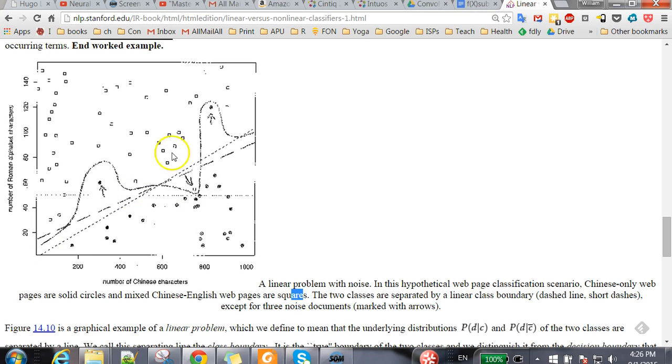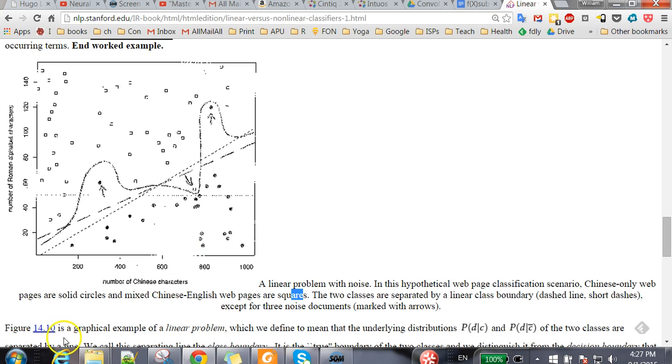But if I try and include this one, so I draw the line more like this, then I'm going to include some squares. So I can't get a perfect classifier. In other words, the decision boundary is not linear. If I use a line, I can't get a perfect classifier. I can't get 100%. So that's what we mean by nonlinear classification boundary.